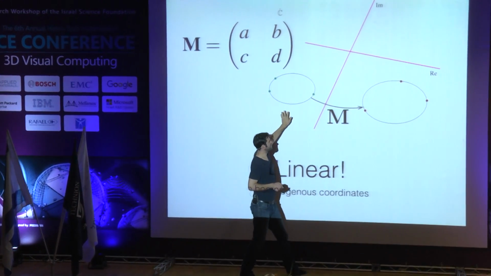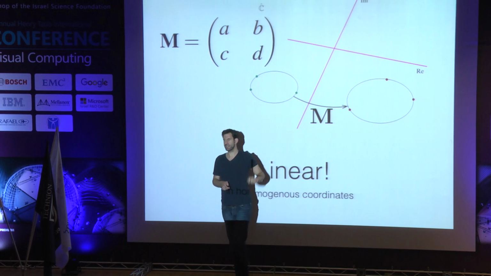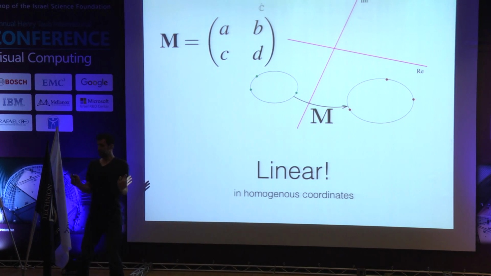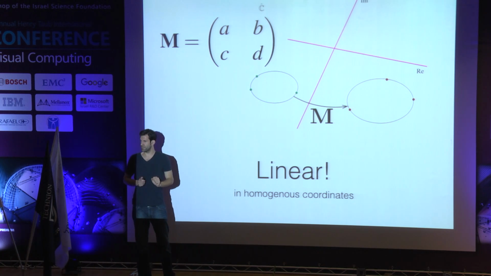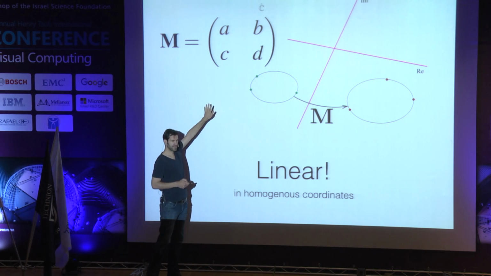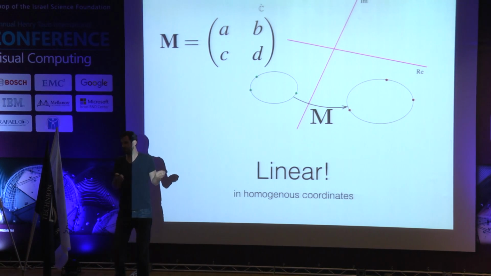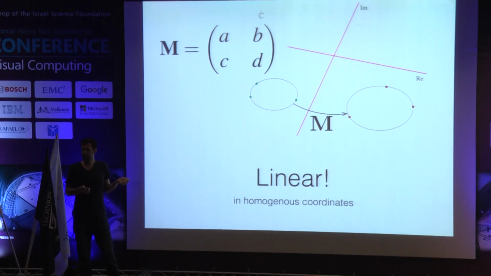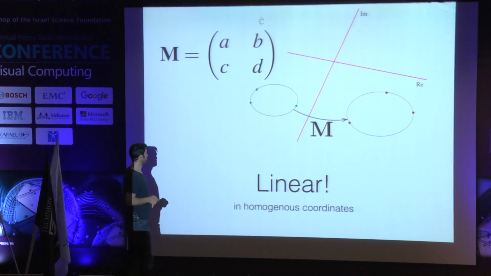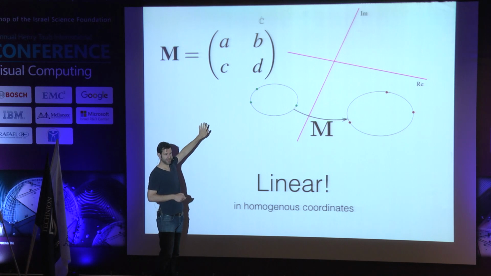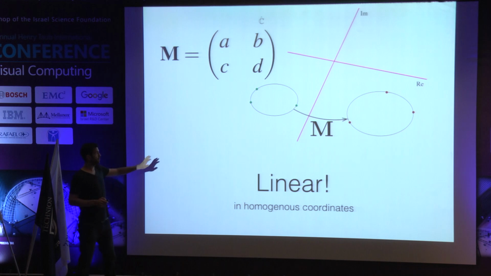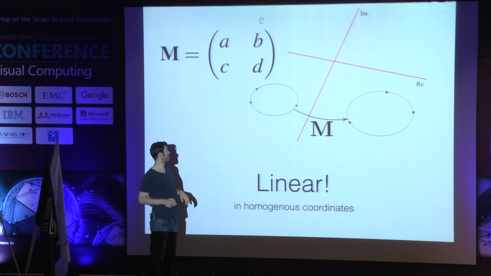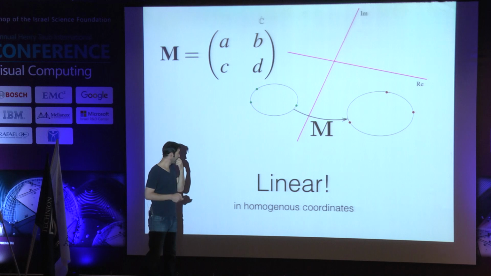I'm mapping 3 points in the plane to 3 points in the plane, so I need 6 degrees of freedom. But wait a second, this exactly fits because we're in homogeneous coordinates. This 2 by 2 matrix defines a mapping only up to multiplication by a complex number, so I'm losing 2 degrees of freedom. So this mapping exactly has 6 degrees of freedom, and I need 6 degrees of freedom, and they all work. And they work also if the 3 points are collinear.